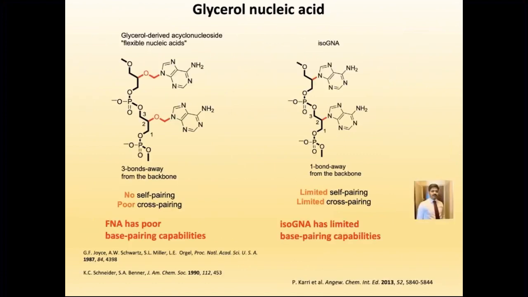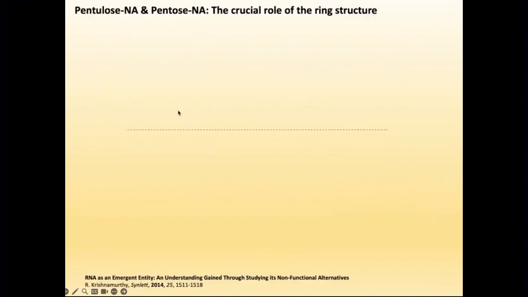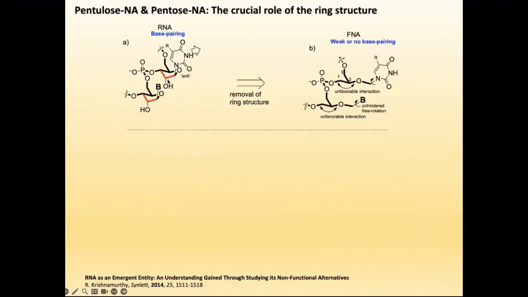So quickly, I'll just go to another system that we used, which was an acyclic system. And what we found was, depending on the nature of the linker, this was a better base pairing system than this. But when we started putting things together with the pentulose system, so here is RNA, and what we did was, we removed the cyclic part of it and made an acyclic system.